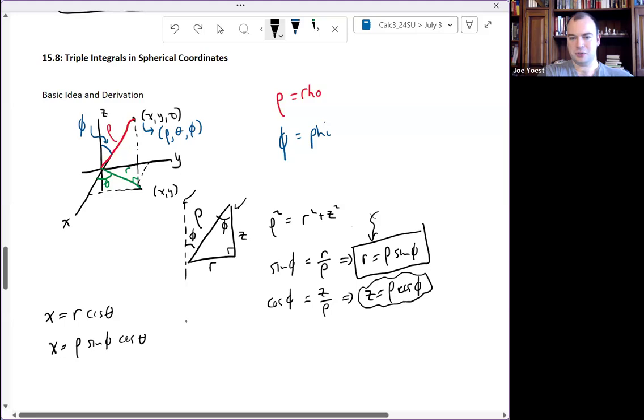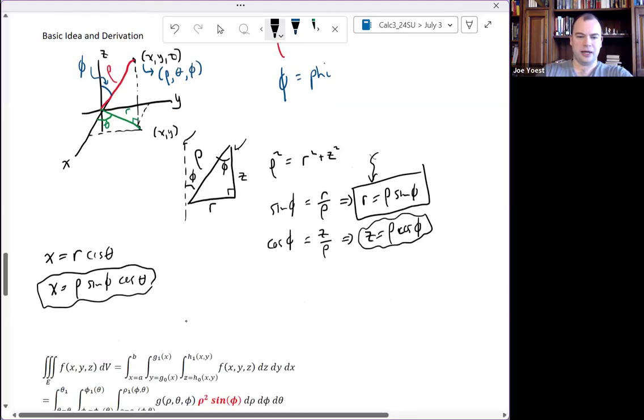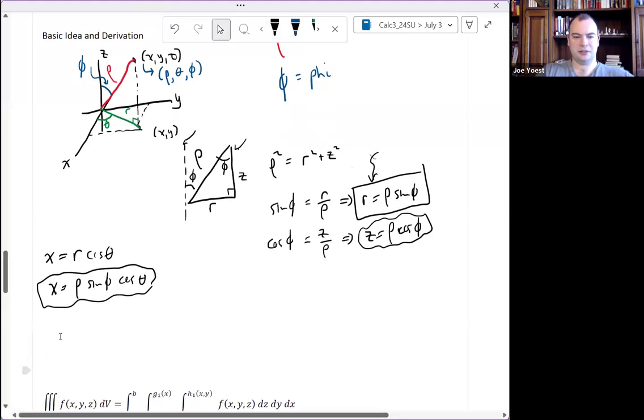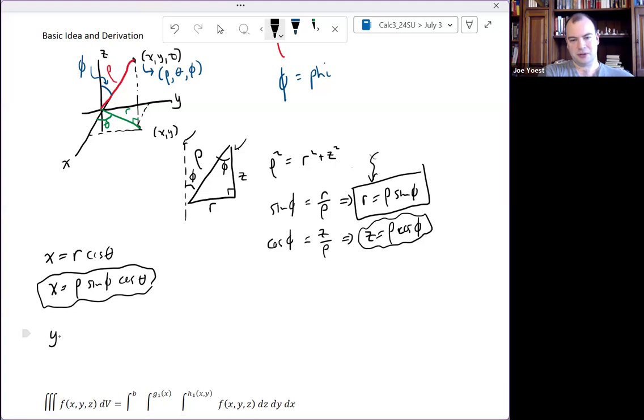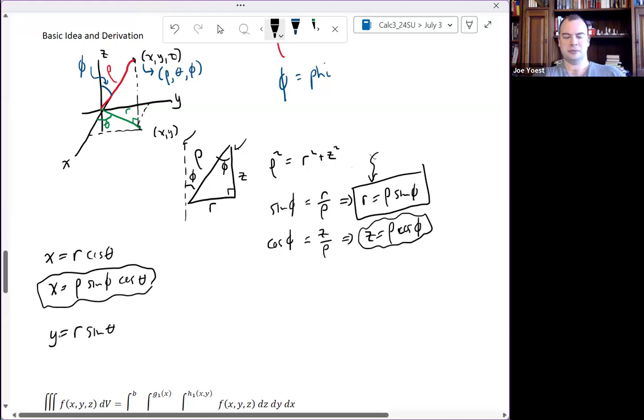I guess I'll give this a squiggly outline. And then likewise, I know for y as well, from polar or cylindrical, that y equals r sine theta. But again, I know that r is rho sine phi.